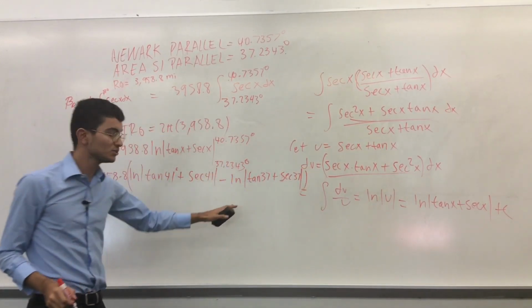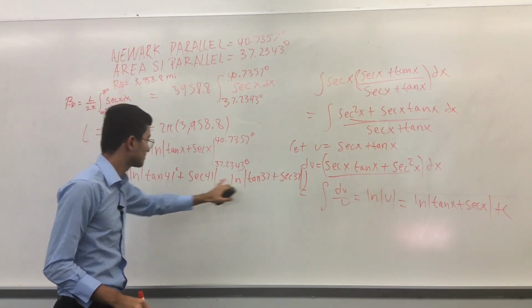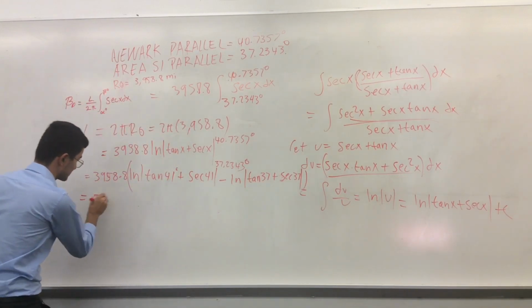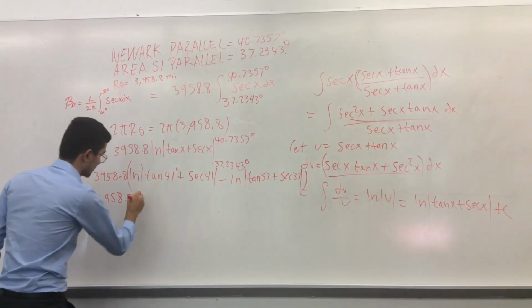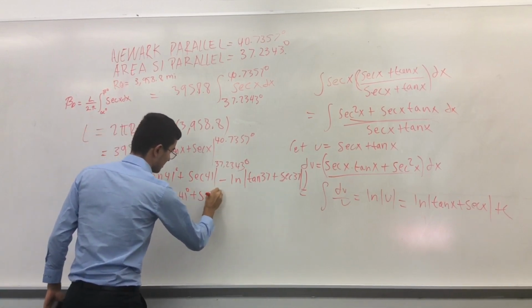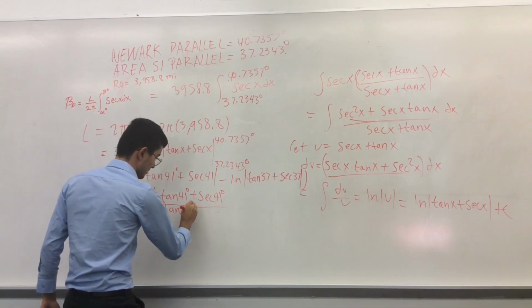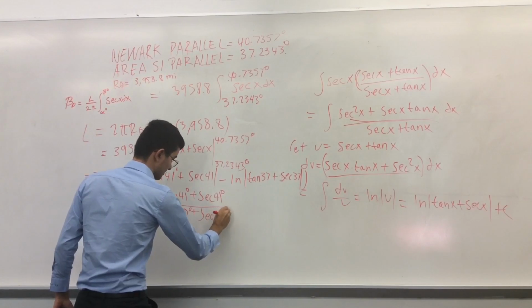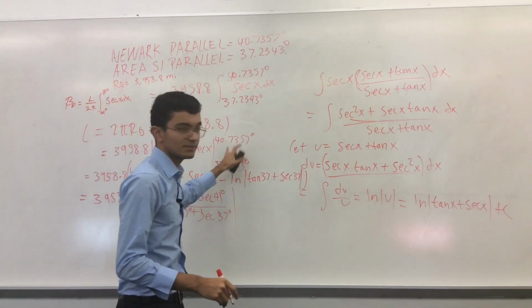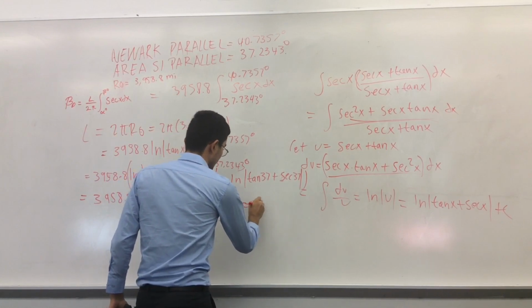From the properties of logarithms, if we're subtracting two logarithms, we can compress this a little bit. So we get 3,958.8 times ln of the absolute value of tangent of 41 degrees plus secant of 41 degrees, divided by tangent of 37 degrees plus secant of 37 degrees. If we put it in the calculator using the exact latitude coordinates, we're going to get about 311 miles.